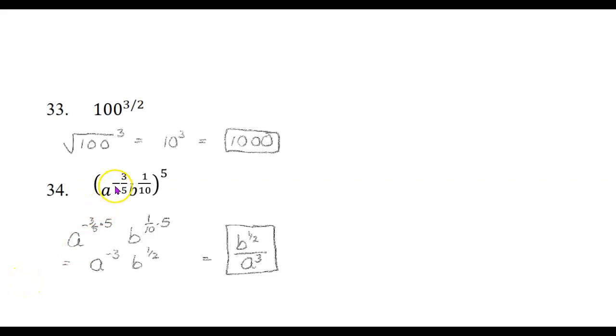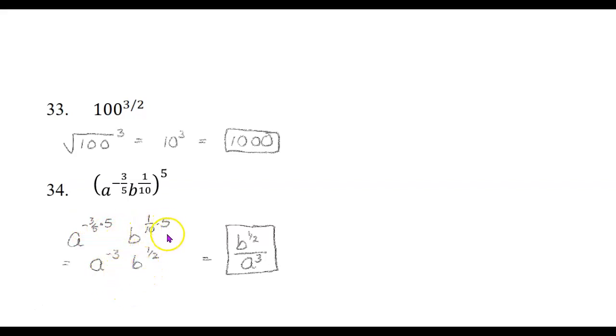Now here we have a to the negative 3/2 times b to the 1/10, all to the 5th power. And first of all, we can say this is a to the negative 3/2 times 5 times b to the 1/10 times 5 power. Negative 3 over 5 times 5 would just be negative 3, so we got a to the negative 3.